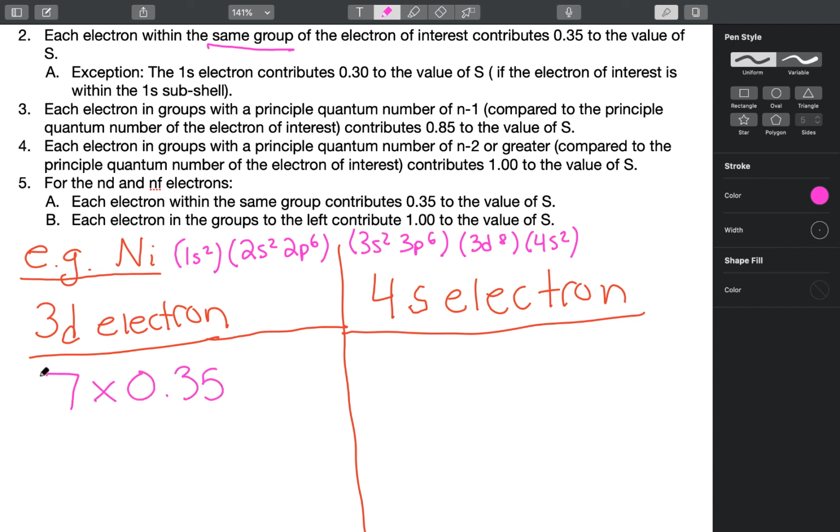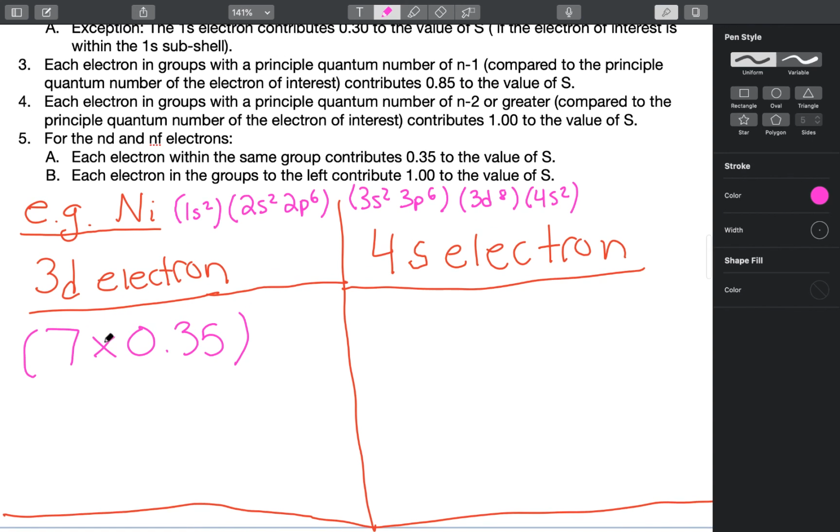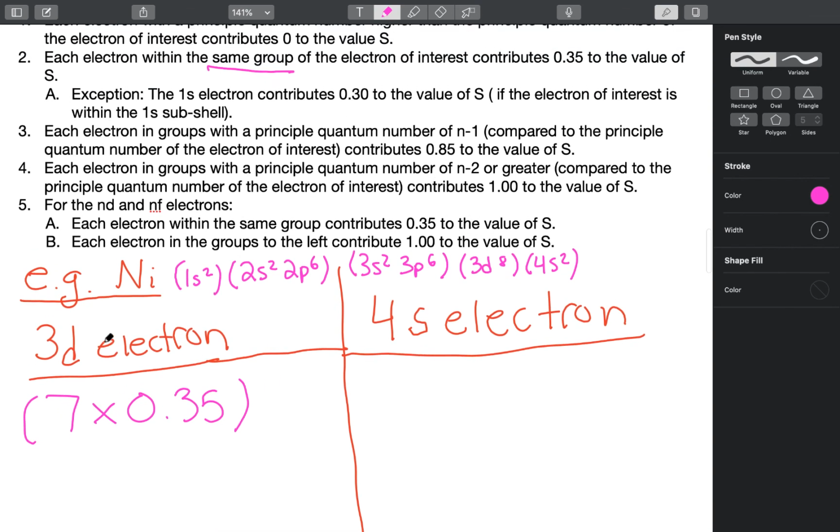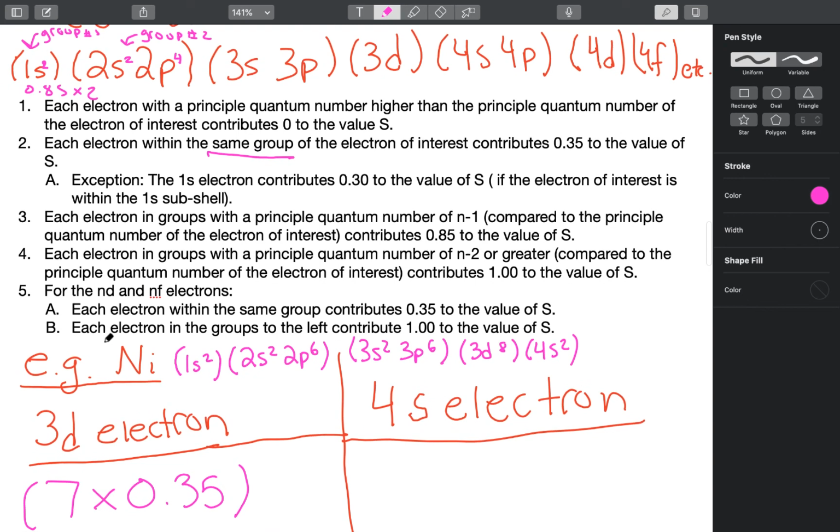And we do that because we aren't considering our electron of interest within the calculation. Because our electron of interest is within the 3D subshell, so we sort of neglect that from our calculation. So the next rule that is important to this particular calculation is Rule 5b.